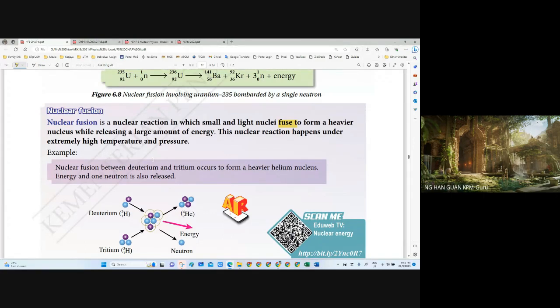If you watched the movie Spider-Man, if you know about Dr. Octopus, which is Spider-Man 2, if I'm not wrong, Dr. Octopus tried to create a new energy source. So there's a concept that it combines two lighter nuclei.